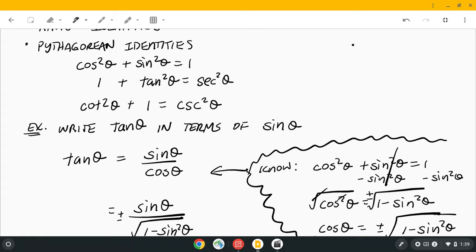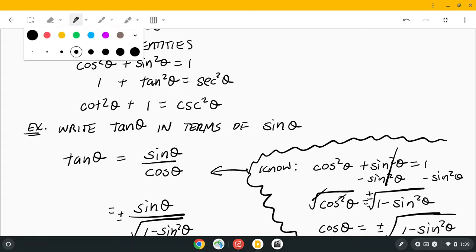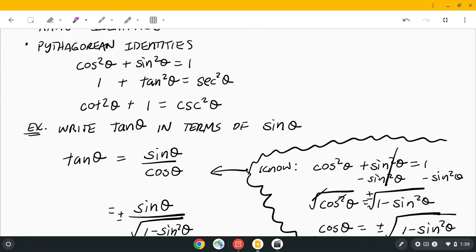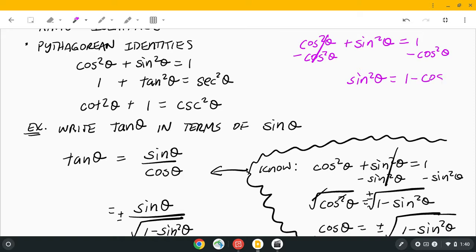For those of you who need to see it: if I have cosine squared theta plus sine squared theta equals 1, and I subtract cosine squared, I get that sine squared theta is 1 minus cosine squared.